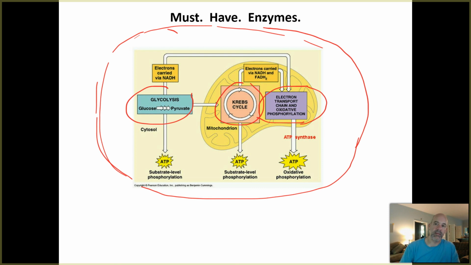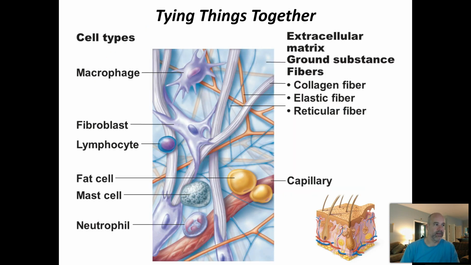It's not a straightforward process to go from glucose and break it all the way down and harness energy to make ATP. There are a number of different enzymes there. And again, if those enzymes become denatured for some reason, heat, inappropriate pH, improper solute electrolyte concentrations, your cellular respiration process is shut down. You're not going to be able to survive. You've got to have functioning enzymes.